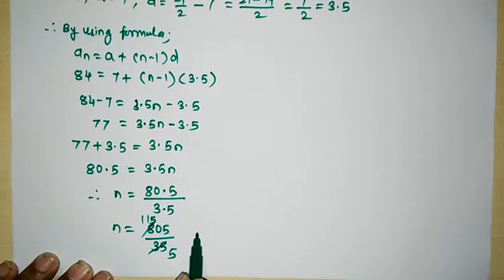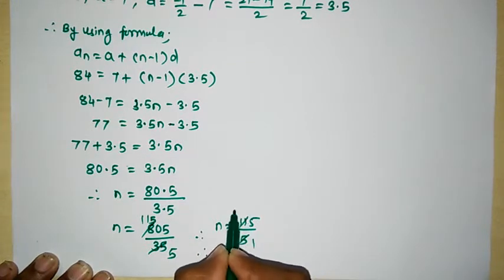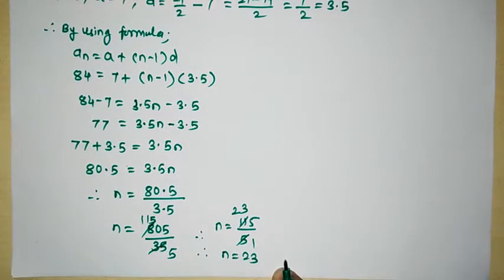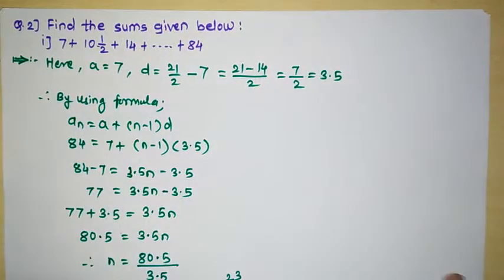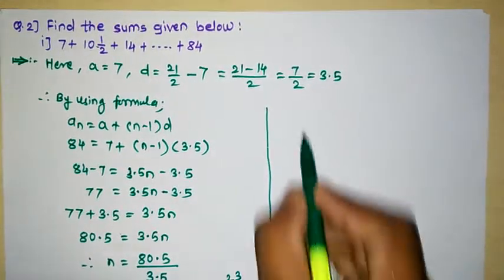Here we got, therefore n is equal to 115 divided by 5, which is equal to, 5 1s are 5, 5 2s are 10, and 5 3s are 15. Therefore we got n is equal to 23. From this we can say that in this given sum there are 23 terms. Therefore we have to find the sum of the 23 terms.